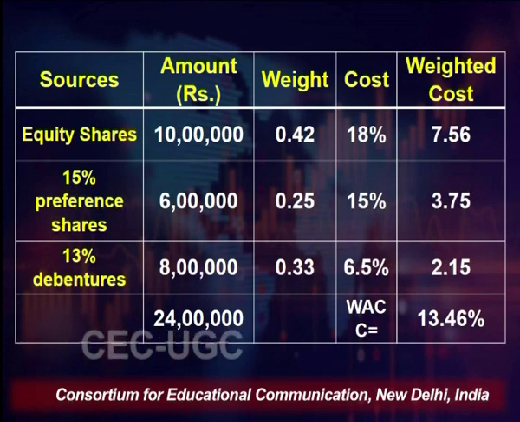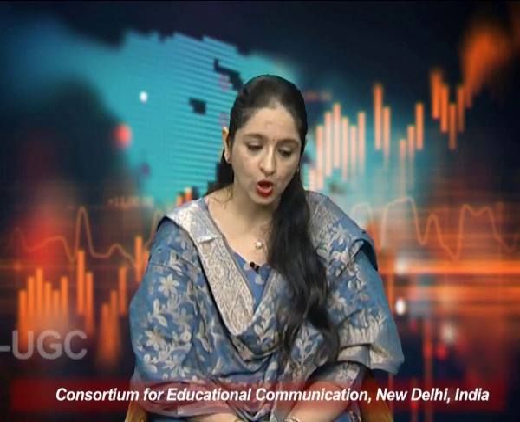And this is our WACC, this is our KO, this is our overall cost of capital for this firm. The firm which is having 3 different sources from where they have raised the funds. So, this is how we calculate overall cost of capital.